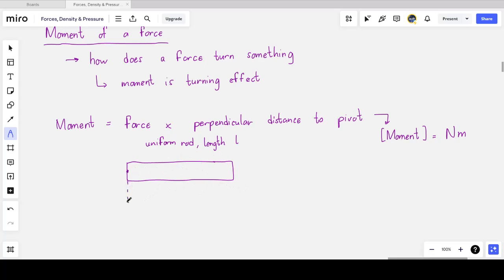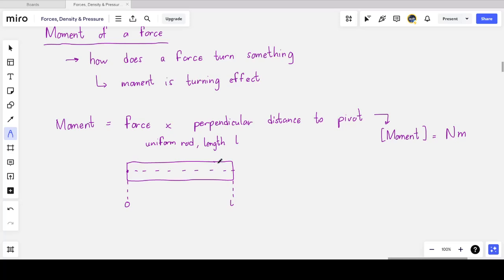And so I'm again going to place this rod like I've done before along the x-axis. The one end of the rod is at x equal to 0, the other end is at x equal to L. And I'm also going to add something to this rod.